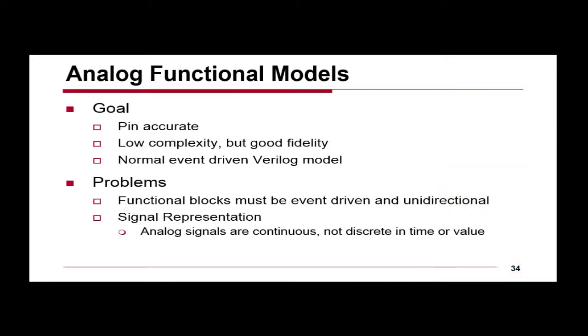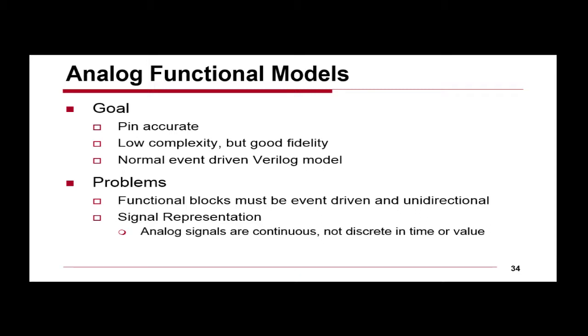OK, the goal for analog functional models has to be pin accurate, right? Because we're going to need to take the implementation of the circuit and the functional model and do a comparison. Because if I can't compare those two things automatically, there's no guarantee that the whole system simulation makes any difference, right? All the digital cells are validated against their functional models. So we need to do that for the analog.